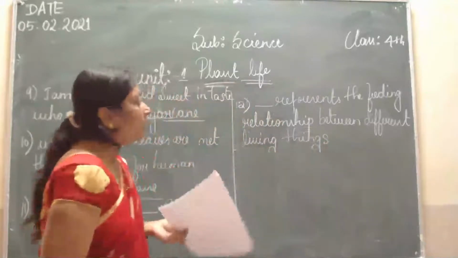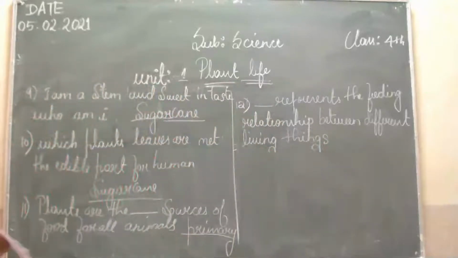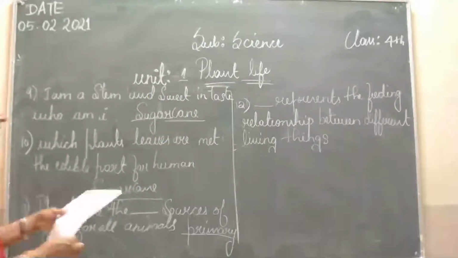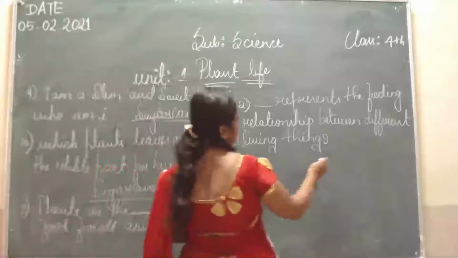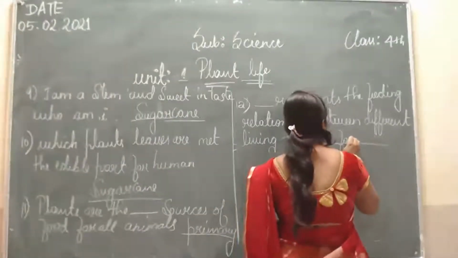The question is here. The dash represents the feeding relation between living things, that is food chain. Answer is food chain.